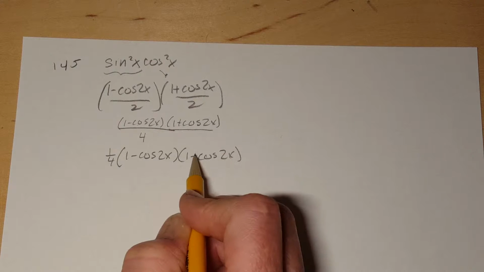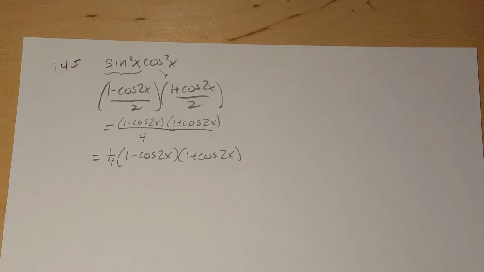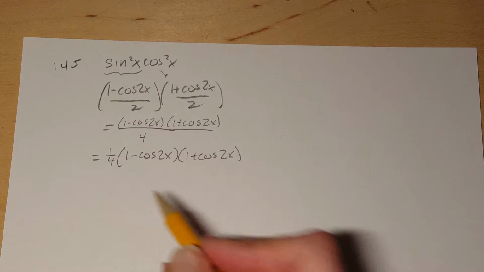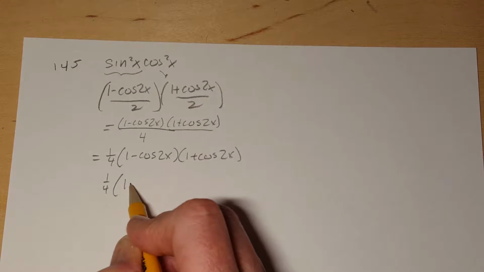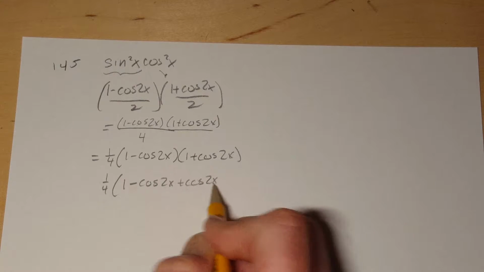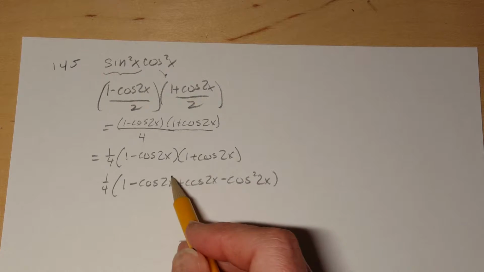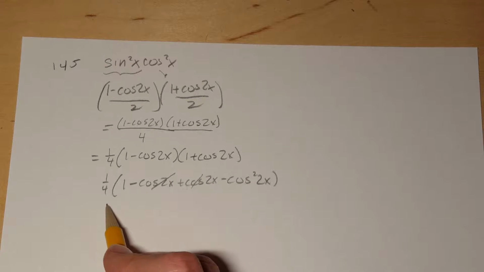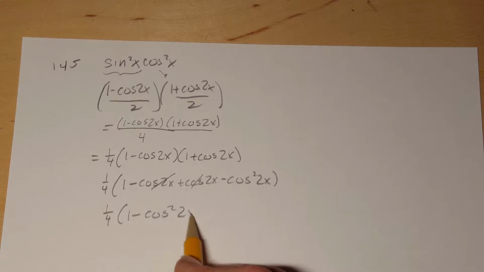This over 4 is the same as 1/4 times those. Then we FOIL these, so we have 1/4 times 1 minus cosine 2x plus cosine 2x minus cosine squared 2x. Those cancel, so we have 1/4 times 1 minus cosine squared of 2x.